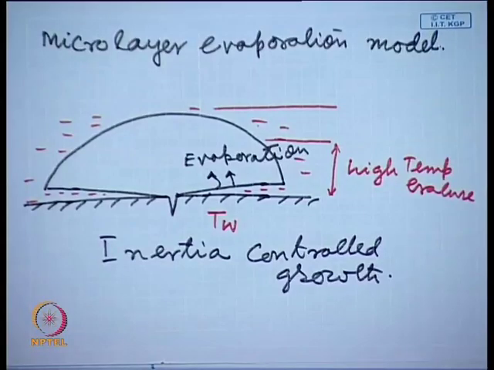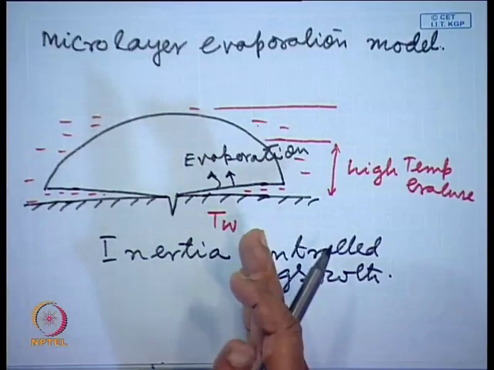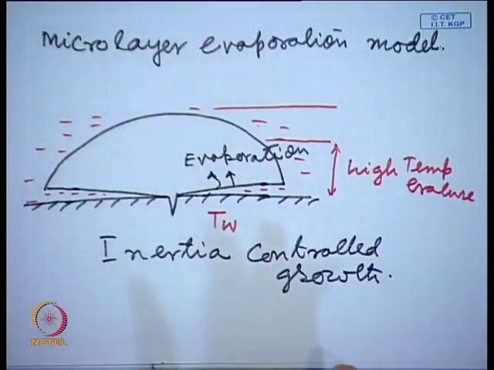So, there are models based on this microlayer evaporation, and some experimental data can be predicted very well by this model also. This is a bit recent model, all the models which I have described earlier are a bit earlier models, this is a bit more recent. So, this model is also applicable.